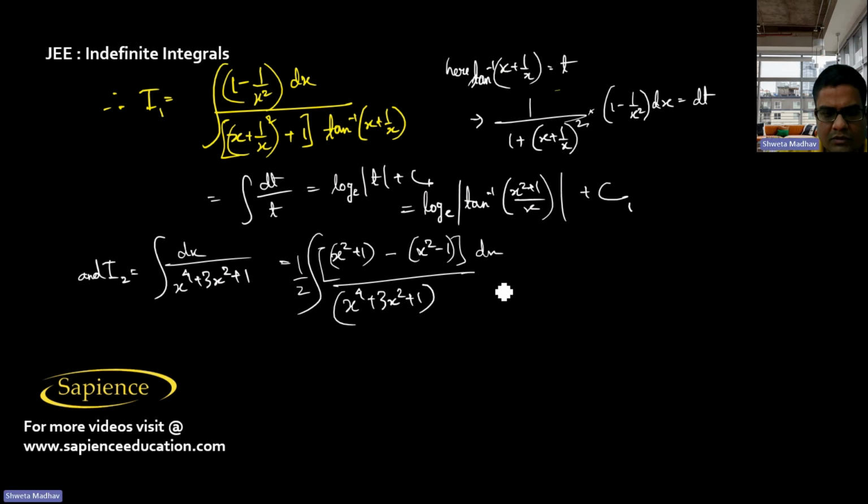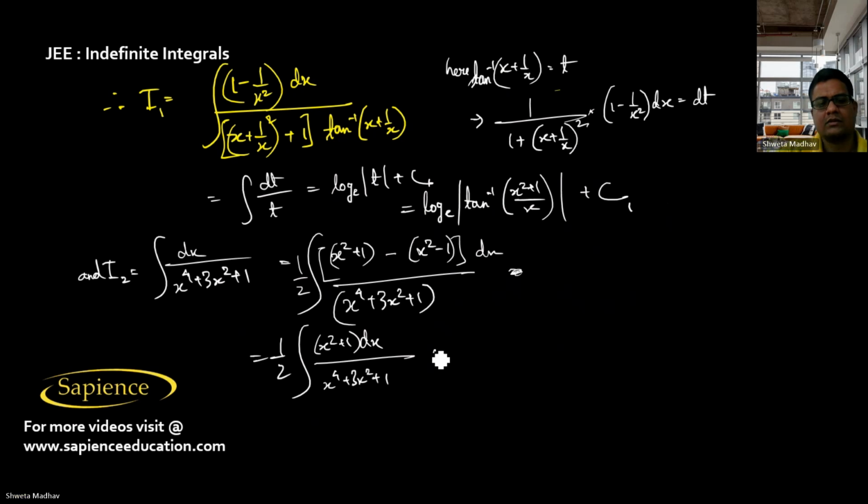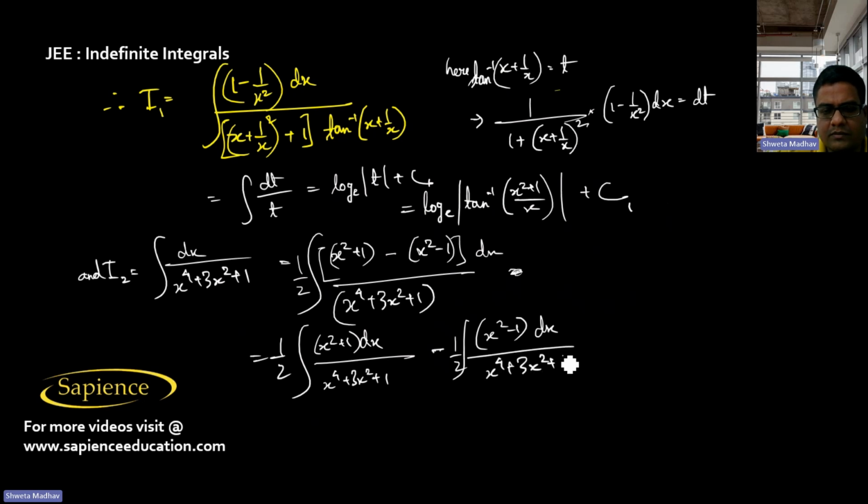So this will be equal to half of the integral of (x square plus 1) into dx divided by (x power 4 plus 3x square plus 1), minus half of the integral of (x square minus 1) dx by (x power 4 plus 3x square plus 1).